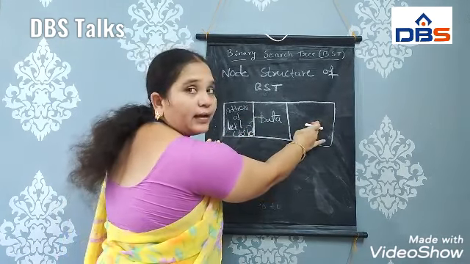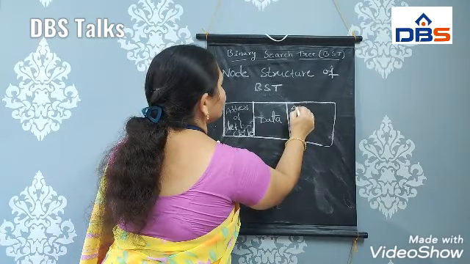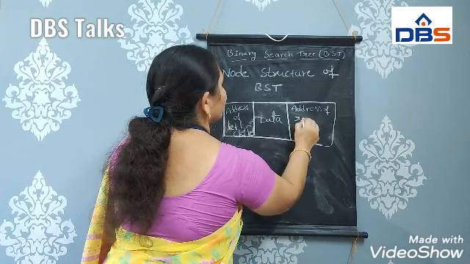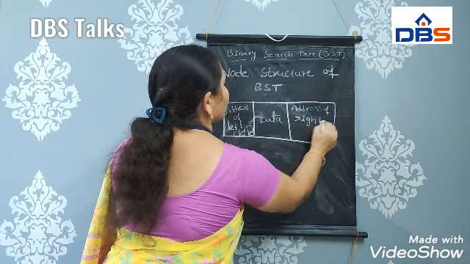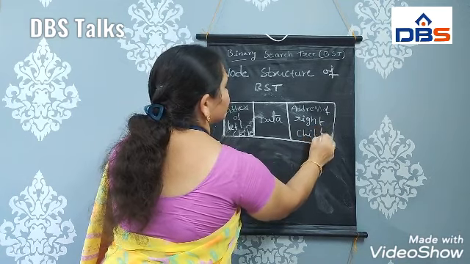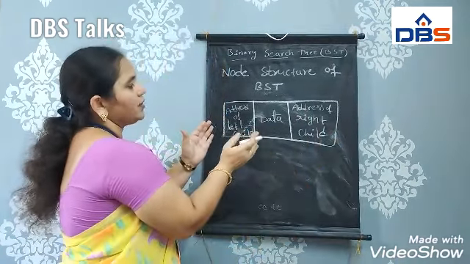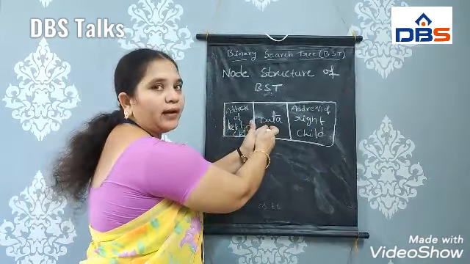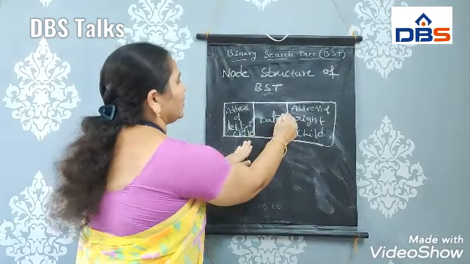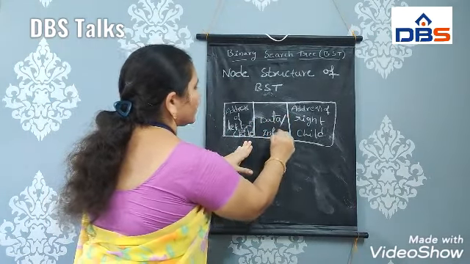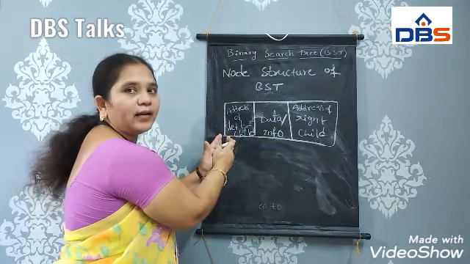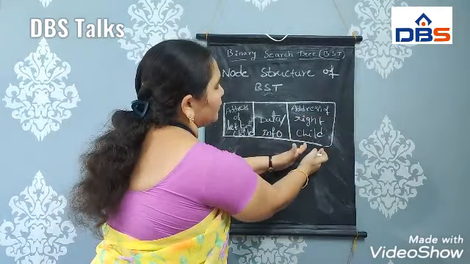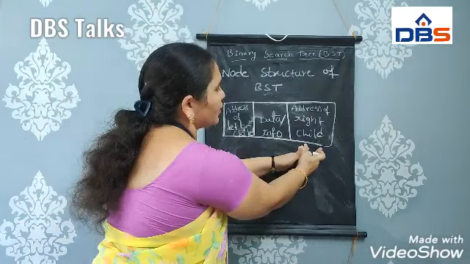The right field contains the address of the right child. Okay. These are the 3 fields a node contains in a binary search tree. The middle field contains data or information, and the left field contains the address of the left child. The right field contains the address of the right child.